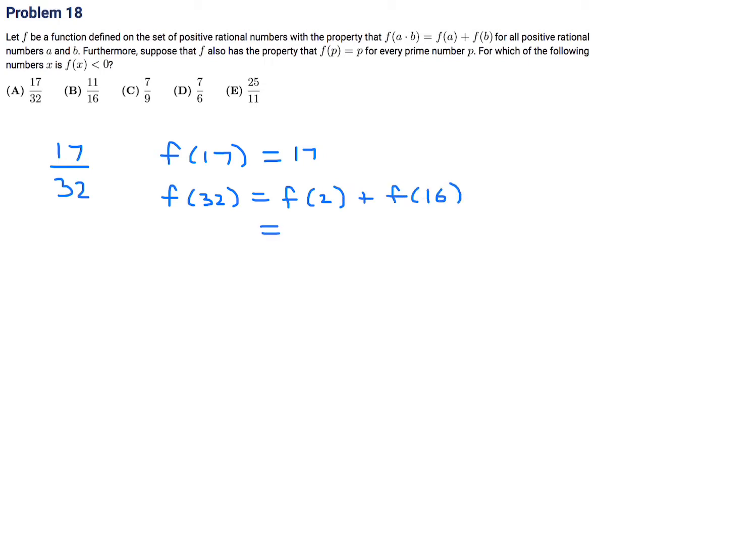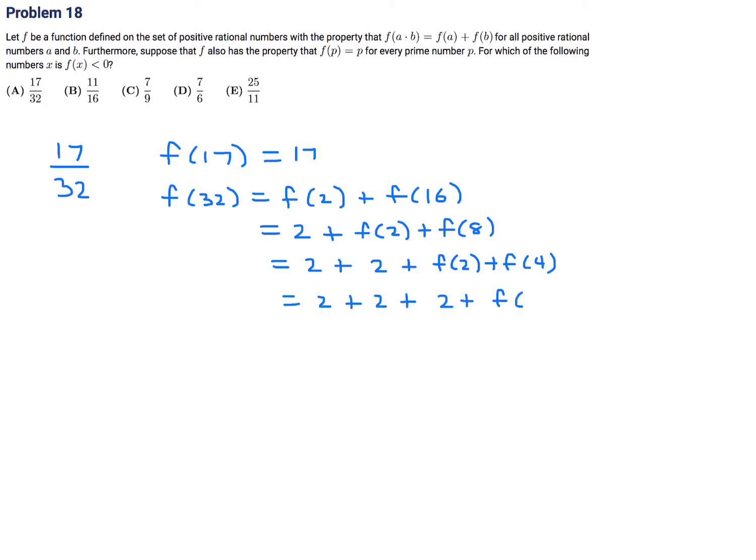Well, 2 is a prime, so that just becomes 2. 16 is not a prime, but that can be broken up into f at 2 plus f at 8. So we have 2 again, and then f at 8 can be broken up into f at 2 plus f at 4. And then this is again a whole bunch of 2's, and this one can be broken up into f at 2 plus f at 2. So that looks like 5 2's, that's equal to 10.